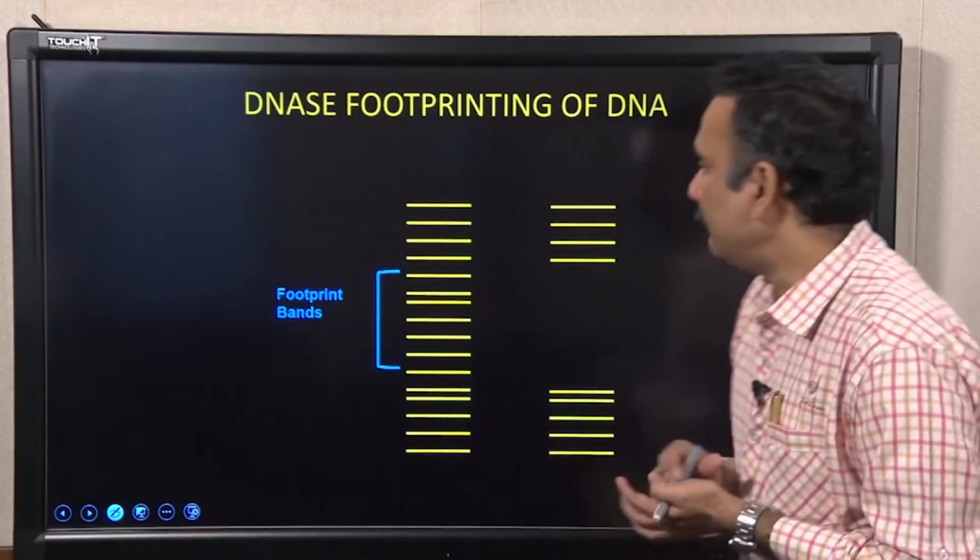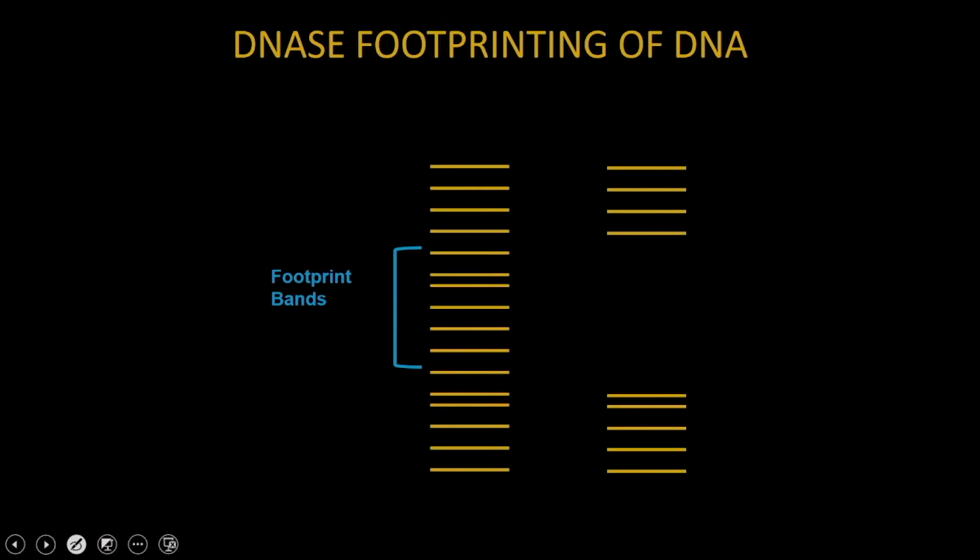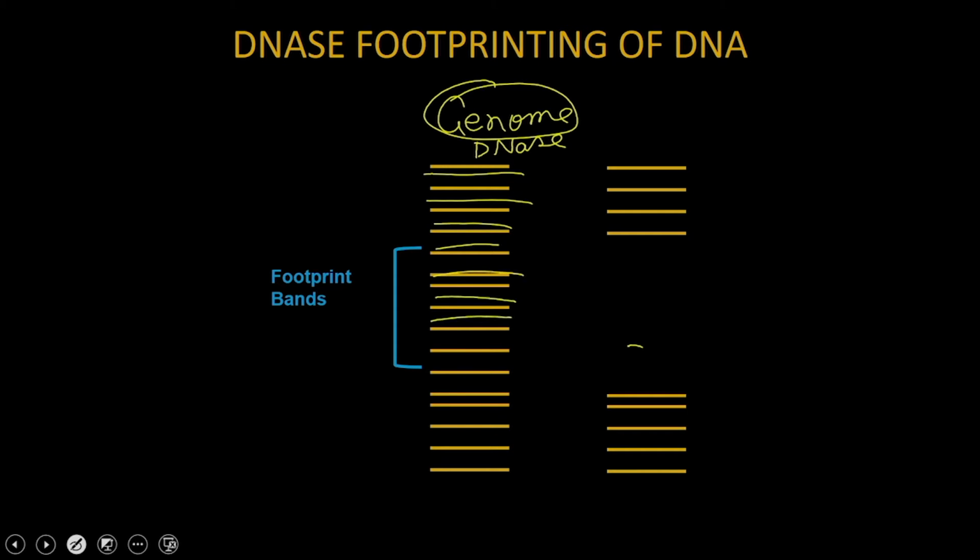So, let us see this with the DNA. What you do is you take the genome and use a DNase and ask it to cut. If you take the genome and ask the enzyme to cut it into multiple pieces, you are going to see multiple pieces. But if you protect some region of this DNA, you can imagine that at this region we have added a steel block.